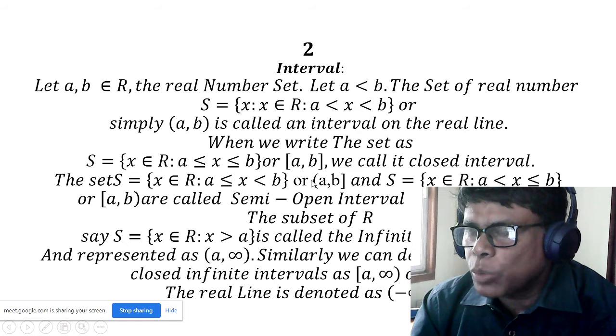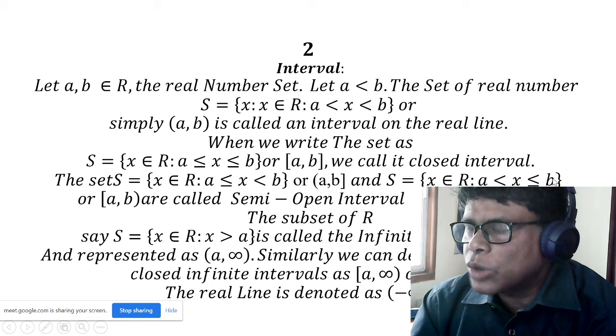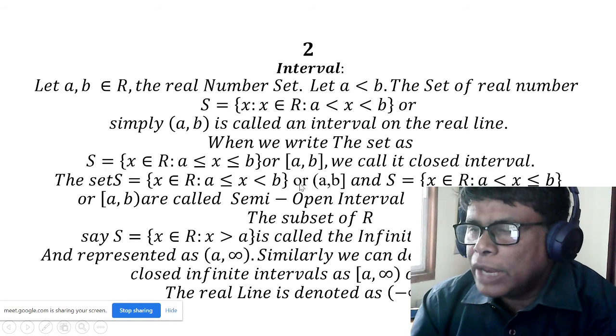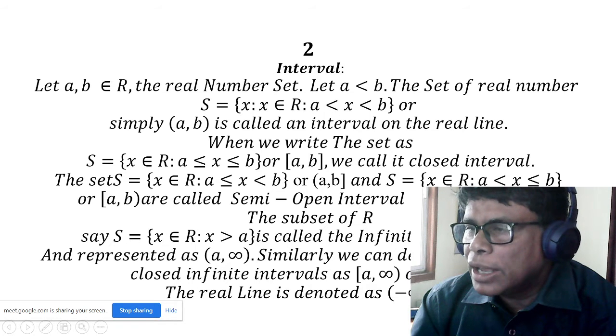Because this side is open and this side is closed. Closed means the points just right of B are not allowed, but points left of A are allowed. Okay, so this is called left open and this is called right open.